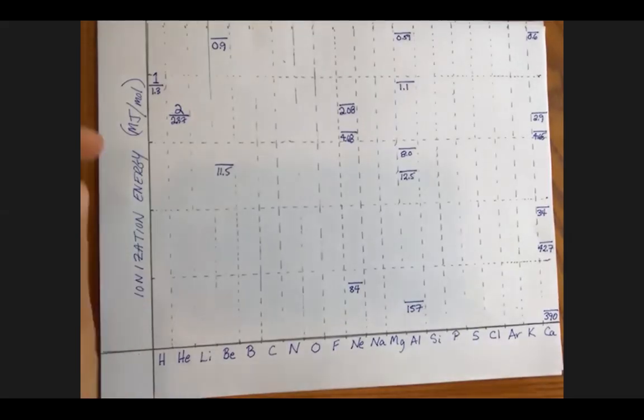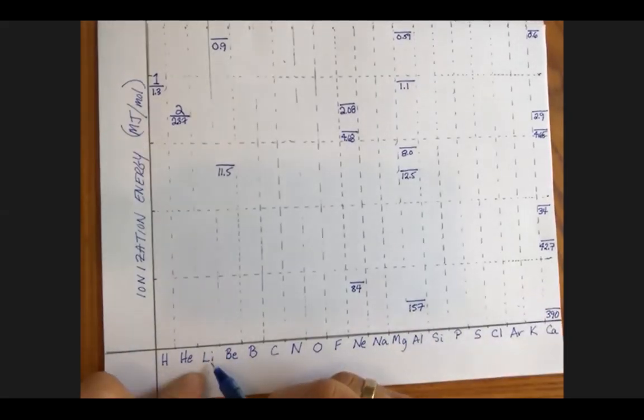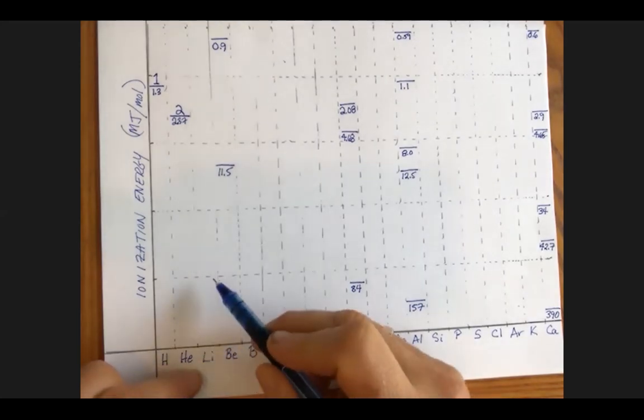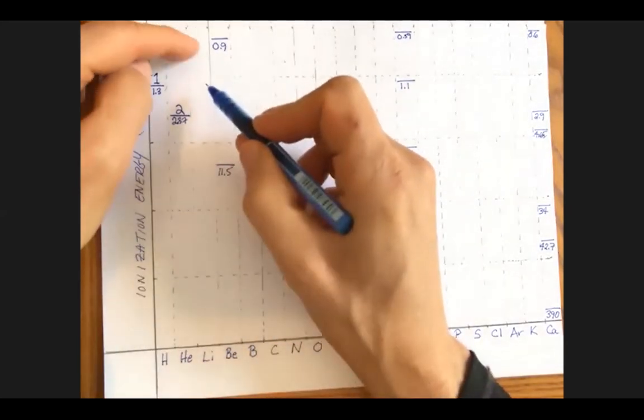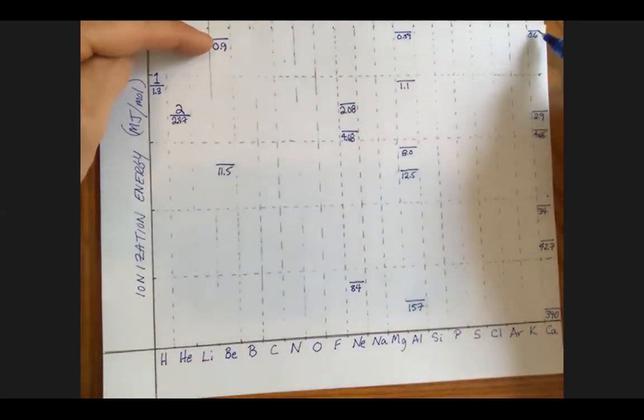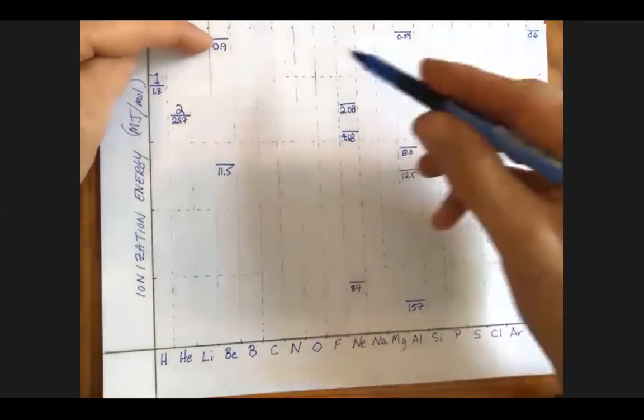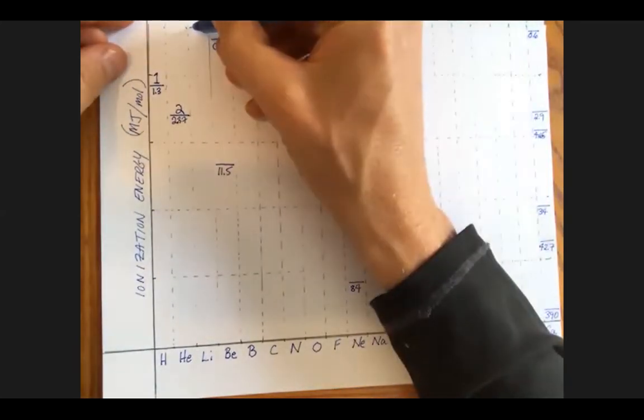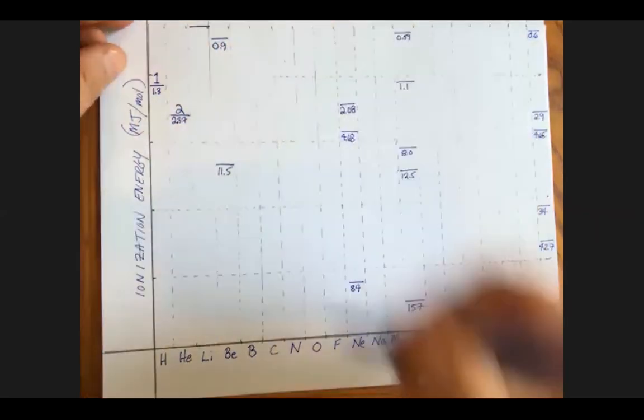So I found lithium at the bottom, and I've got to find 0.52. So I'm going to come up here somewhere. Well, here's 0.9, here is 0.59, here's 0.06. So 0.52 must be right up near the top of this piece of paper.